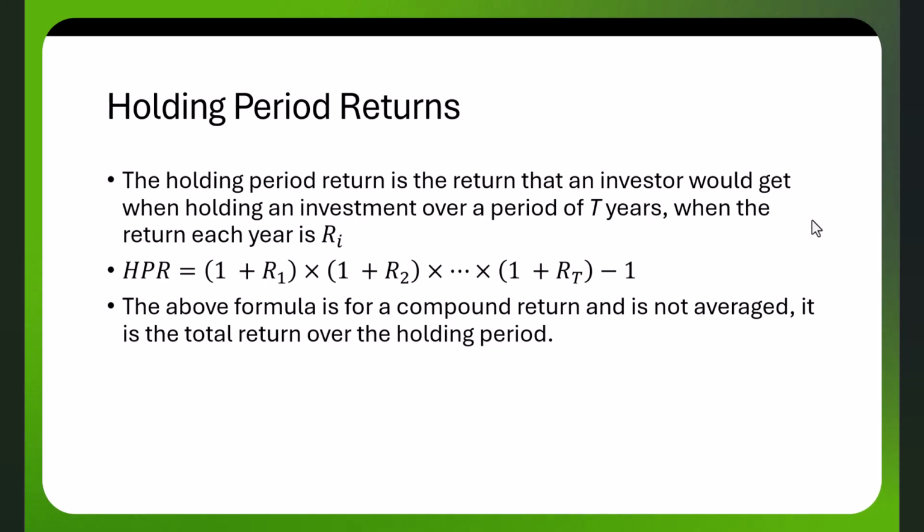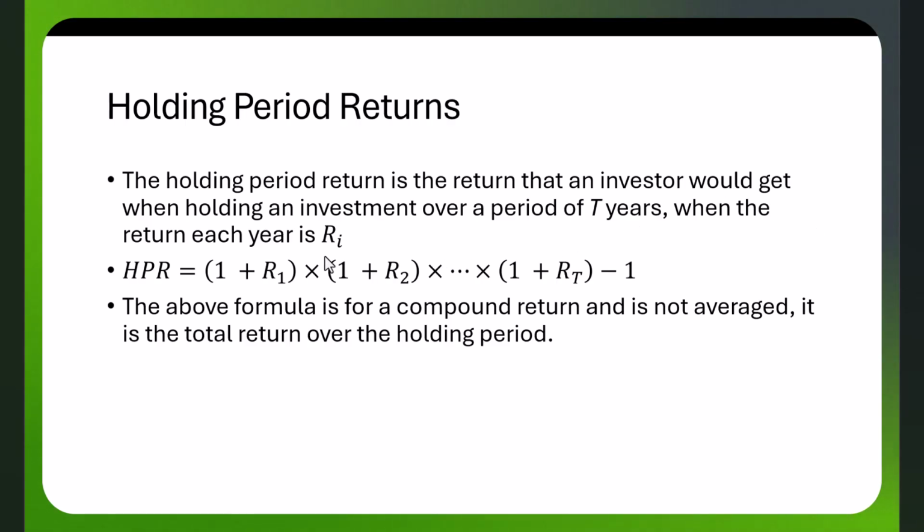You have the holding period return is (1 plus R1) times (1 plus R2) times all the way out to time period T, so (1 plus RT), and then you subtract 1 from it. So if you look at this equation, you can see that it's an equation that accounts for compounding. It's a compound return.